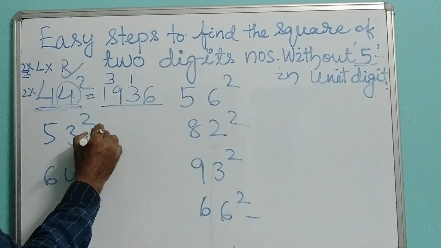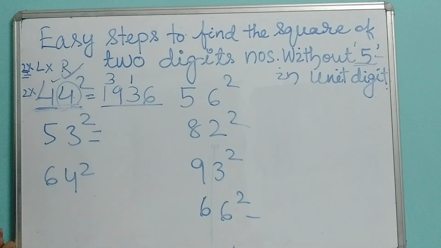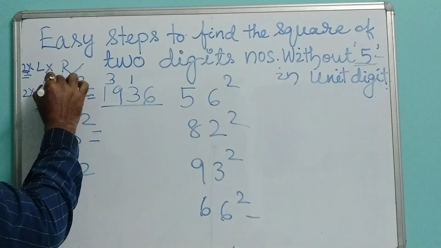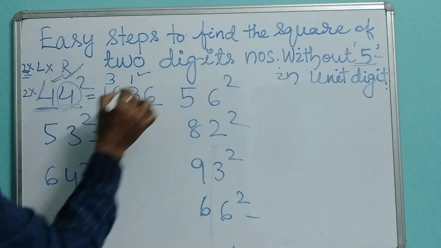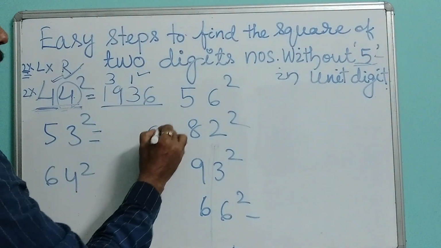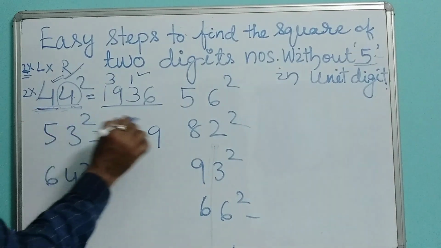So let us come to 53. Just mark one point here. In 44, 4 square is 16, we keep the right side digit and carry the left, but here 3 square is 9 and nothing is carried, so we write only 9.